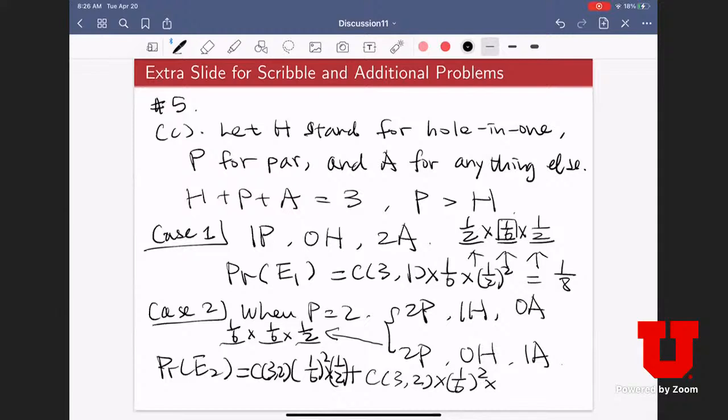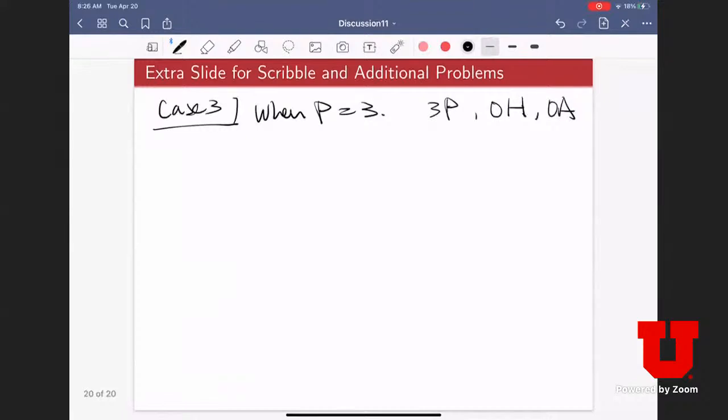Okay, and that's our probability of E2, which is 5/72. And for case 3, this one should be straightforward. There's only one combination, 1/6 cubed, and that's 1/216.